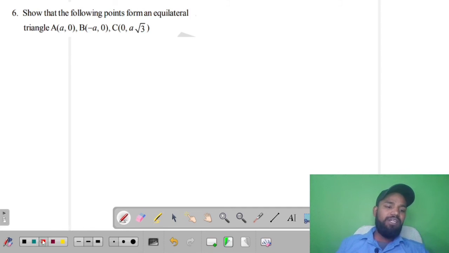So first of all, what is an equilateral triangle? When all sides are equal, we say the triangle is an equilateral triangle. All sides are equal, okay?